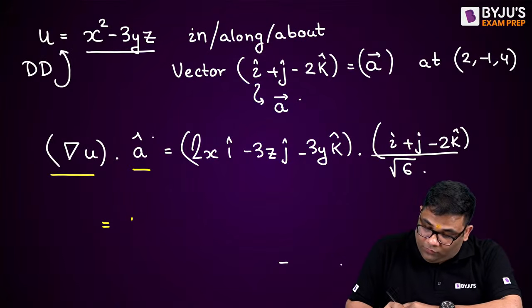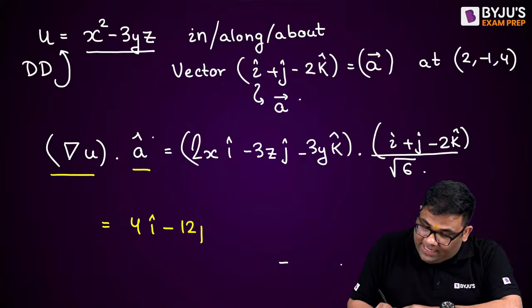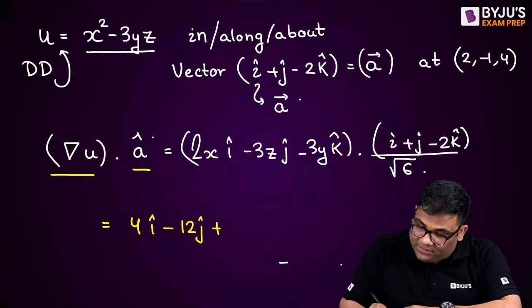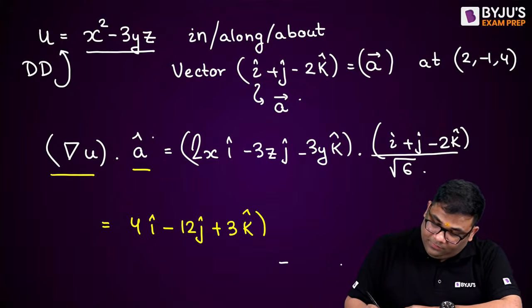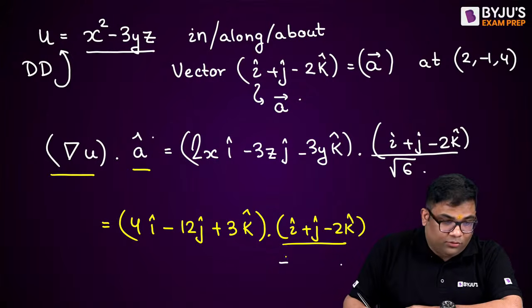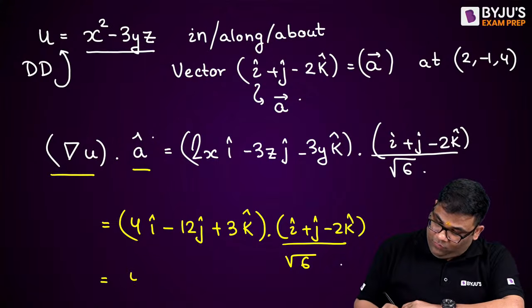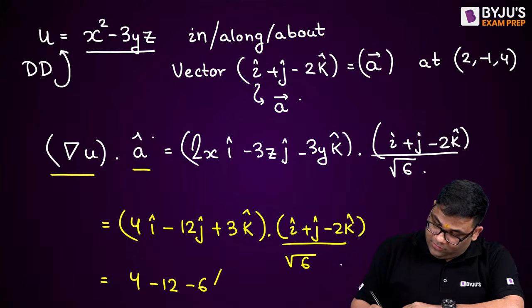So this is 4 i cap minus 12 j cap plus 3 k cap. Yes. Then dot i plus j minus 2k cap by root 6. How much are you getting this value? Tell me. This will be 4 minus 12 minus 6 divided by root 6. A negative value.